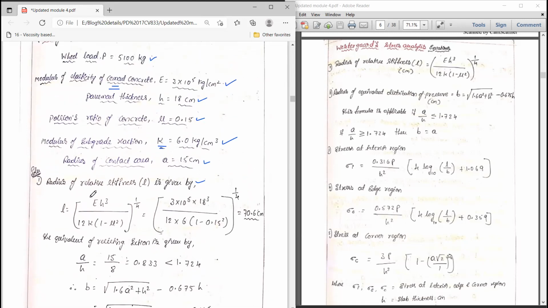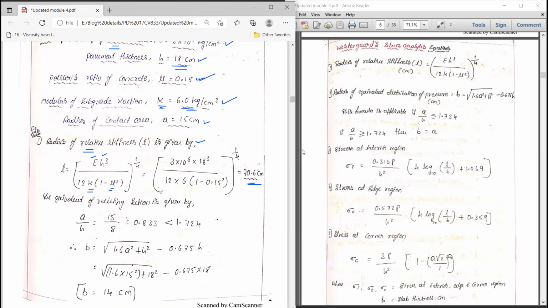In the problem, E is available: 3 into 10 to the power of 5 kg per centimeter square. h is the pavement thickness, 18 centimeter. K is also given, 6 kg per centimeter cube, and the Poisson ratio mu is also given, 0.15. So apply all the values and calculate small l, the radius of relative stiffness. How much is it? It is 70.6 centimeter.